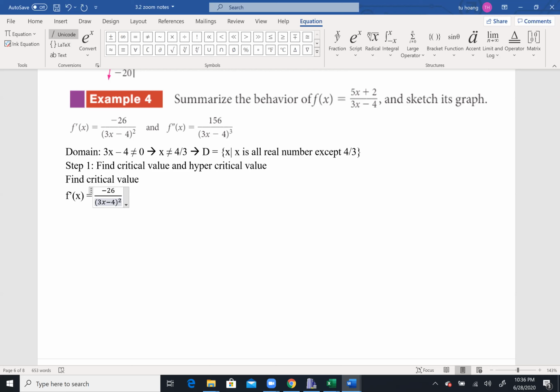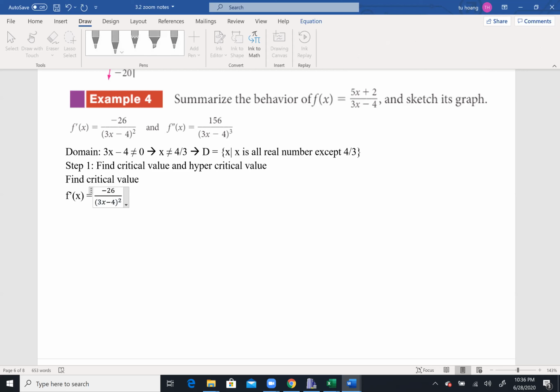You can use the quotient rule to find f'(x), but it should be equal to negative 26 over (3x minus 4) squared.